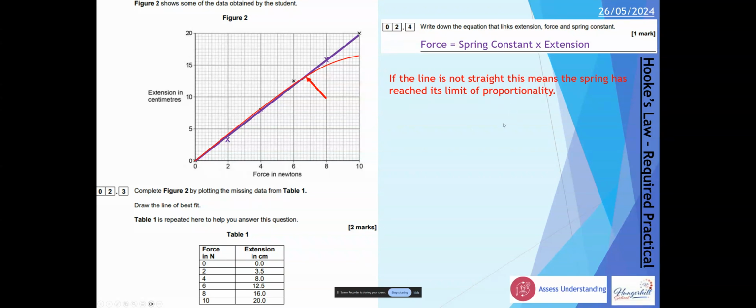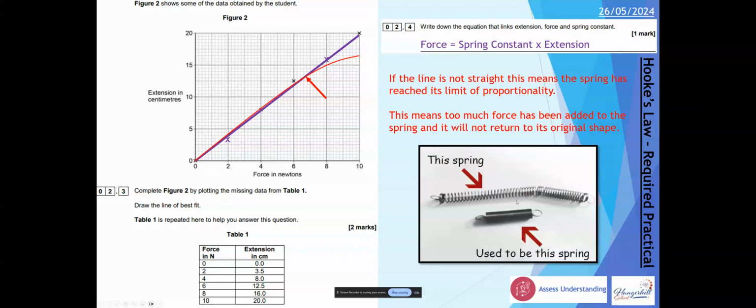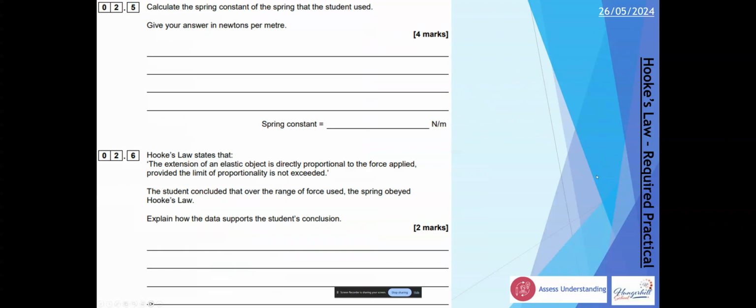If the line has reached its limit of proportionality, we say there's too much force on the spring and it will not return to its original shape. So this was the spring originally. We put too much force on it. It doesn't go back to its original shape. It causes the line to curve, and we call that the limit of proportionality.